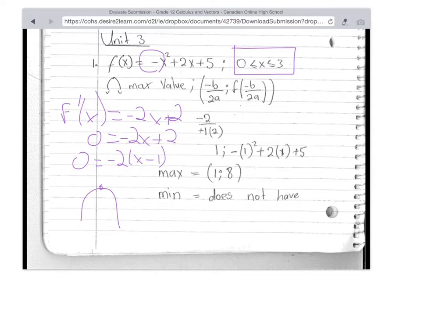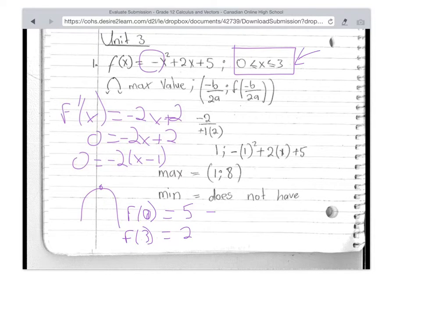The other part of this question that's missing is that when we are finding the local max and min in an interval, we also have to check the 2 endpoints of our interval and see what y value we get. And so here we're going to get y equals 5, and here we're going to get 2.